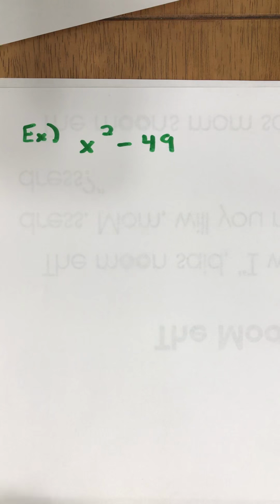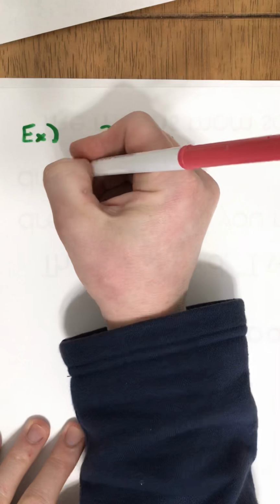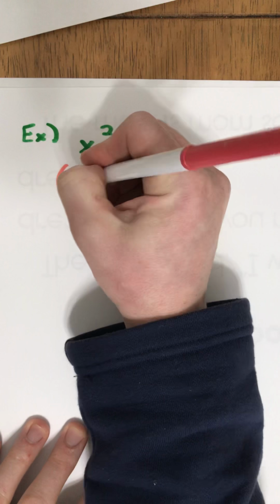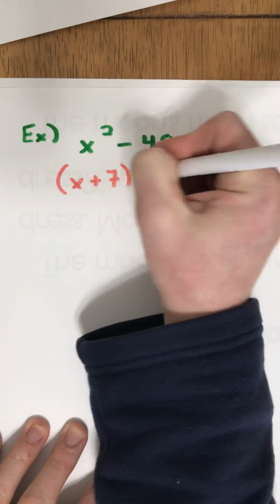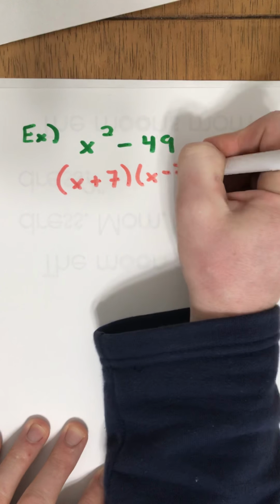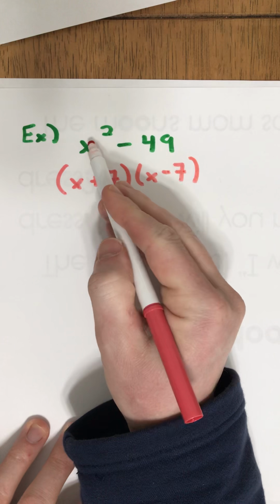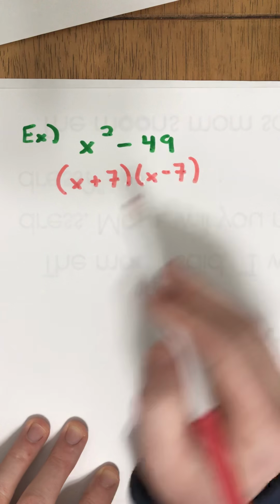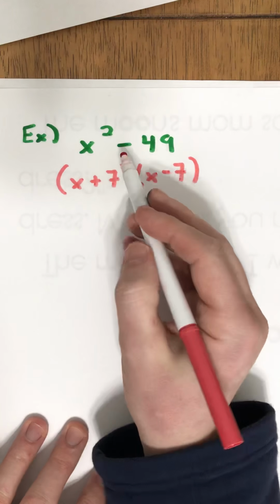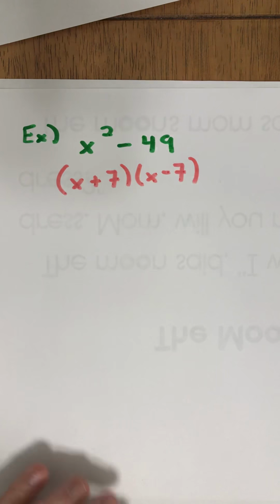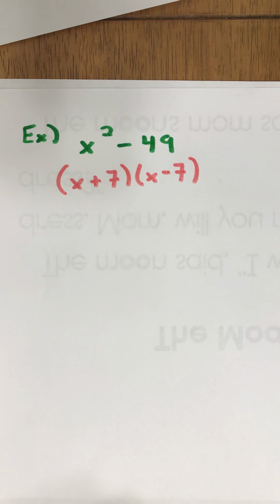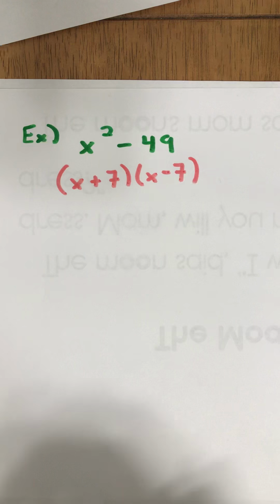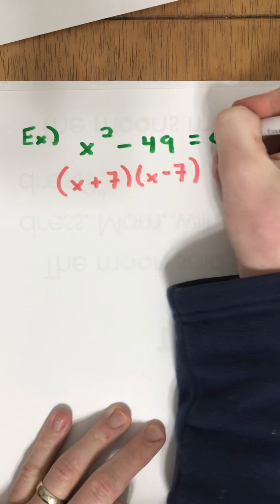So if we were going to factor this, this would factor as x plus 7, x minus 7. Remember, we take the square root of x squared, that's x and x. The square root of 49 is 7 and 7. And we want one to be positive and one to be negative.